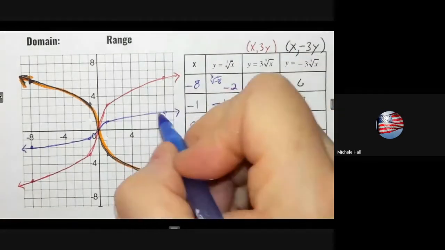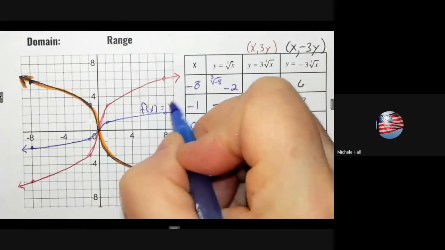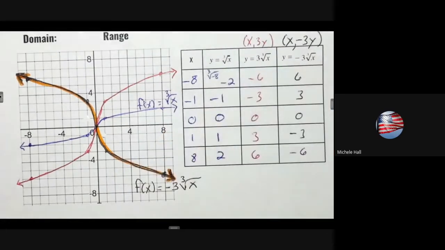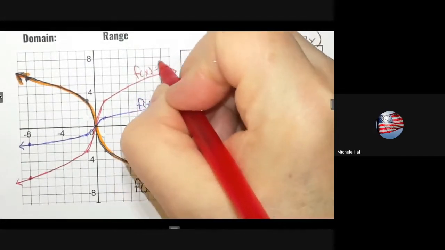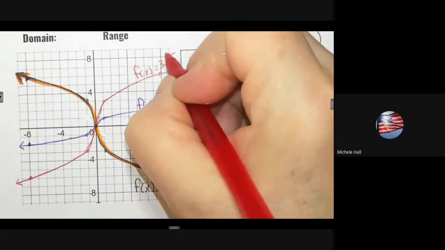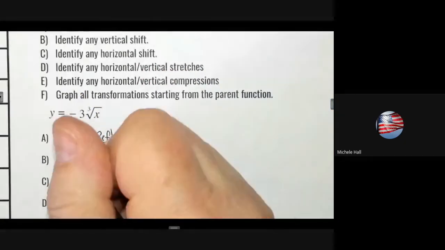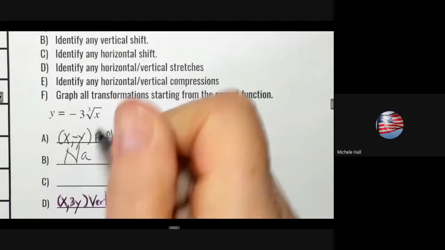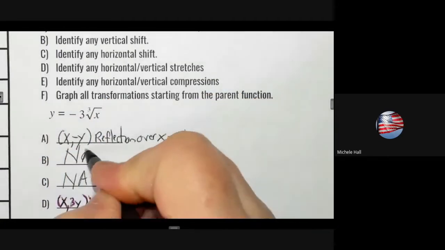We have f of x equals the cubed root of x. And we have f of x equals 3 cubed roots of x. B, identify any vertical or horizontal shifts. We have none. Nothing being added to the x or subtracted from the function.